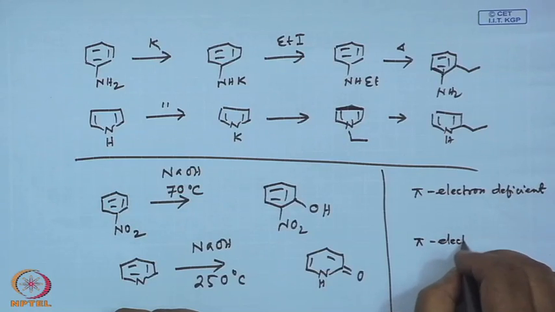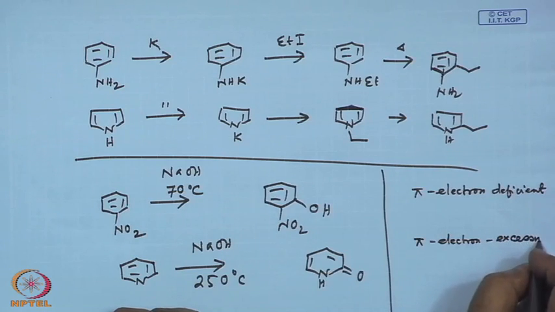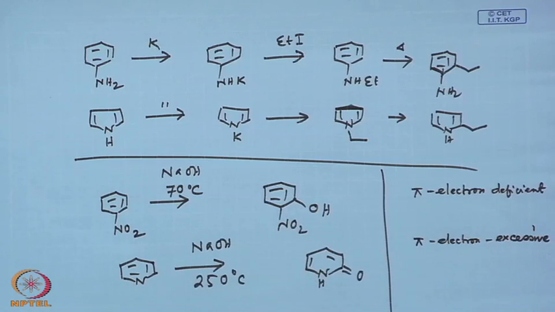Then there are the molecules known as pi electron excessive, pi excessive heterocycles. So when do you get pi excessive and when do you get pi deficient?